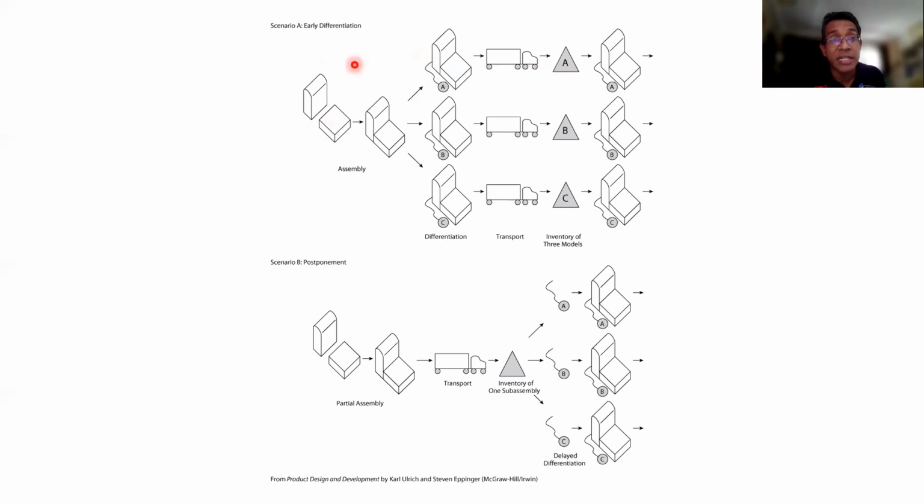All right, this is called early differential. But for scenario B, the components associated with the power conversion are assembled after transportation.